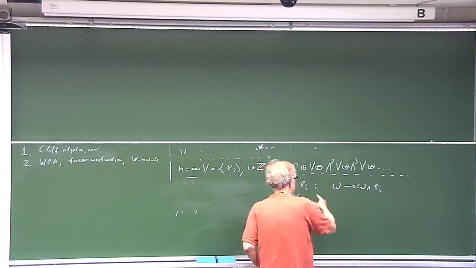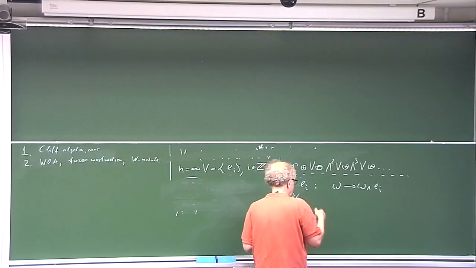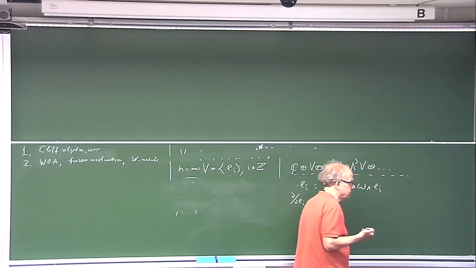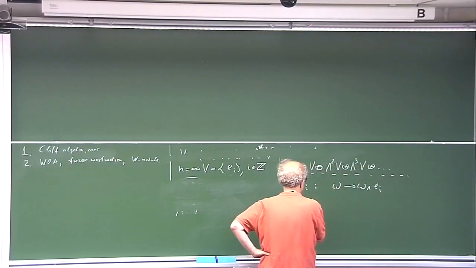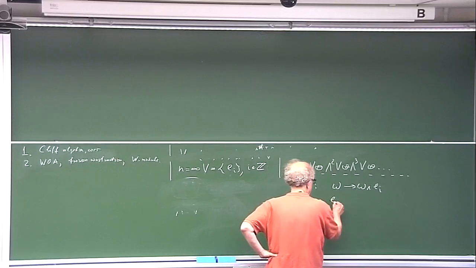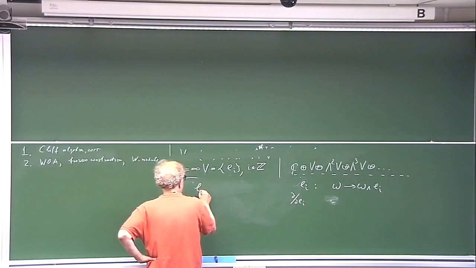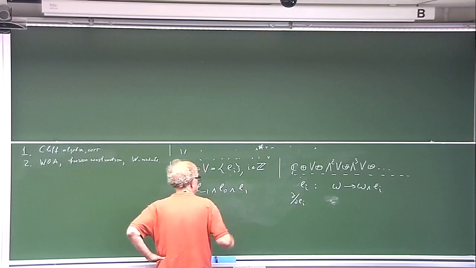Let us consider an example. It is acting like a derivation, but it is an odd derivation. And if I have some kind of form, let us write something like e_{-1}, then e_0, then e_1.